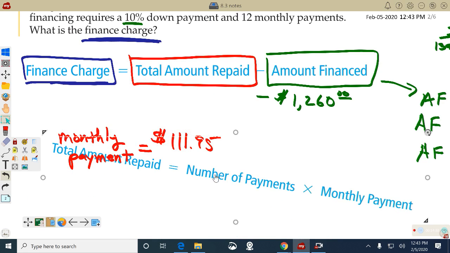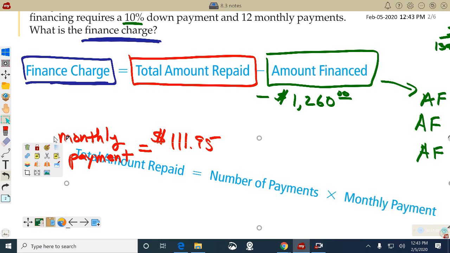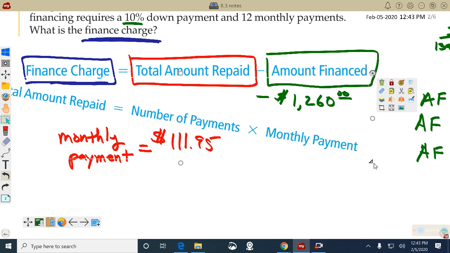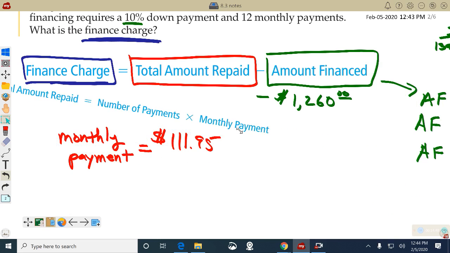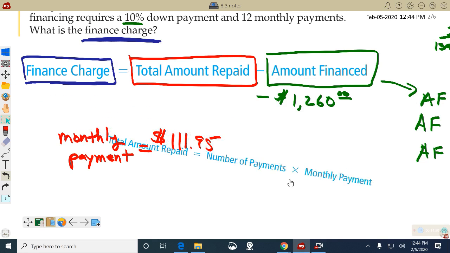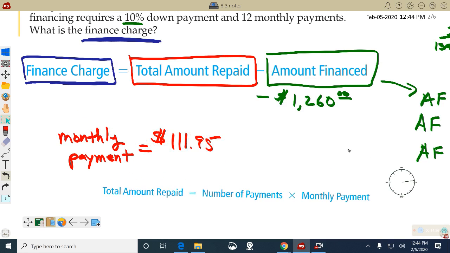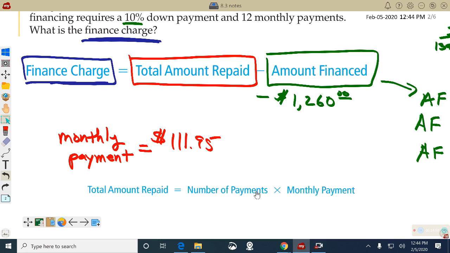There it is. So again, this is from your information frame. Here we go.